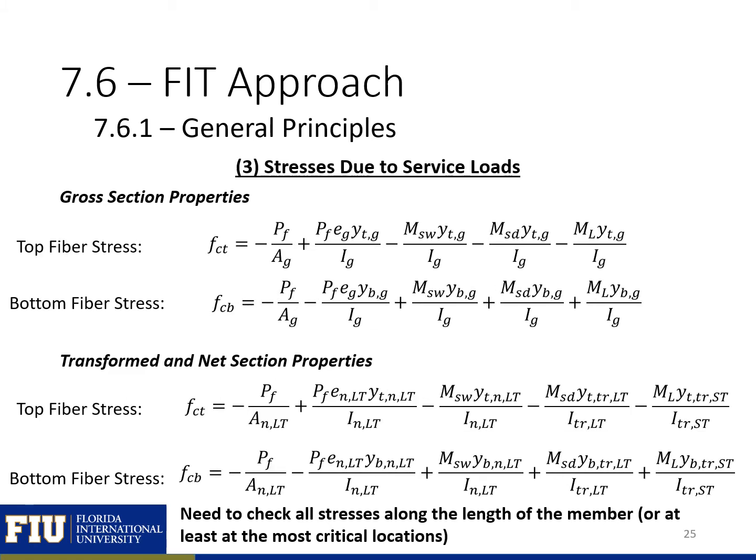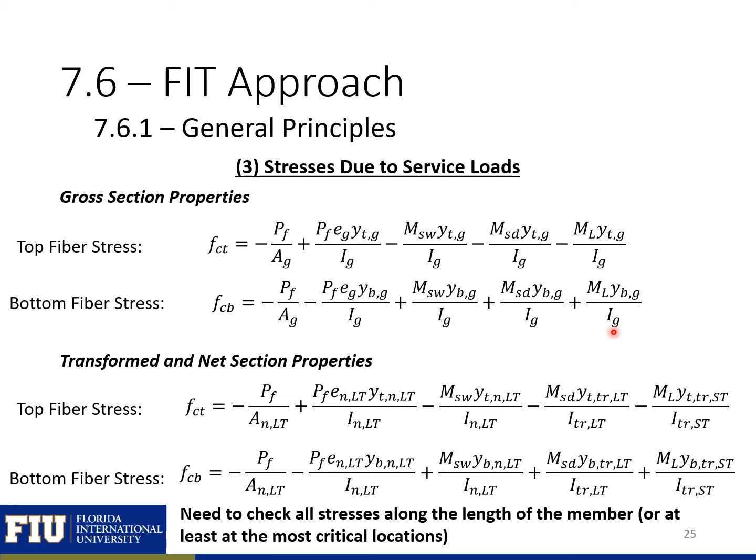Finally, we can calculate our stresses due to all of our service loads. So here are our equations for gross section and our transformed and net section properties. With our gross section, we have the same 4 components that we did for our sustained loads, but now we're adding an additional component for our stresses due to our live loads. So this is an additional component to what we had on the previous slide.